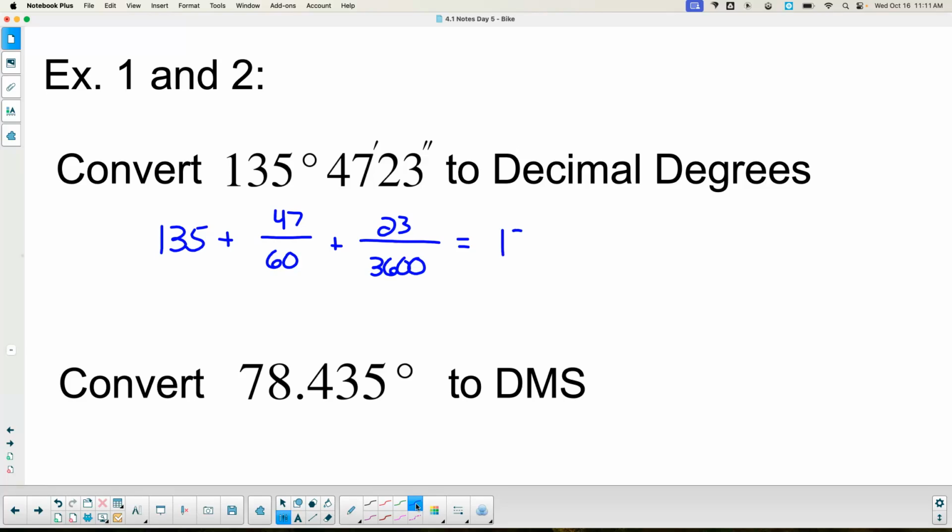That gets you, and so we've been rounding to 3 decimal places.